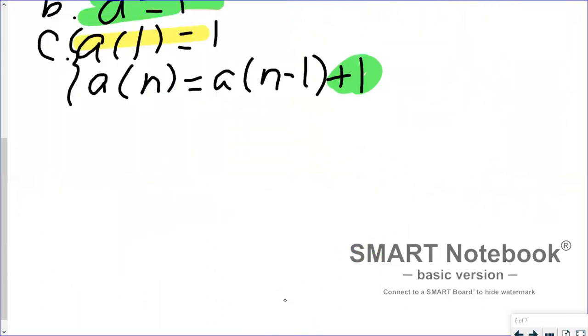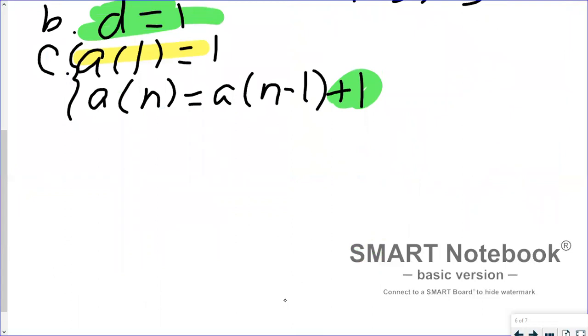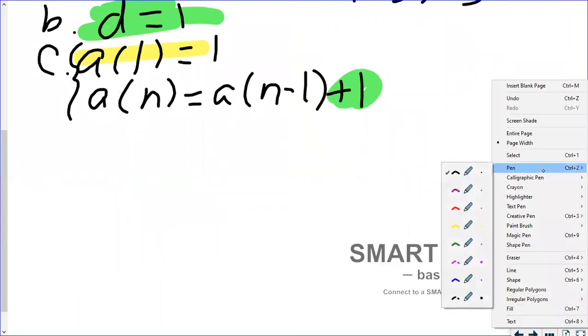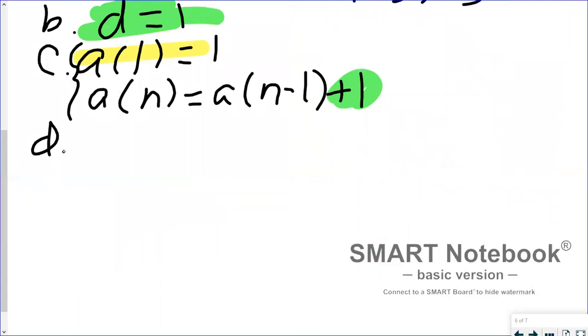We'll extend the page a little bit. Part D is just going to ask you to find an explicit formula for the function.